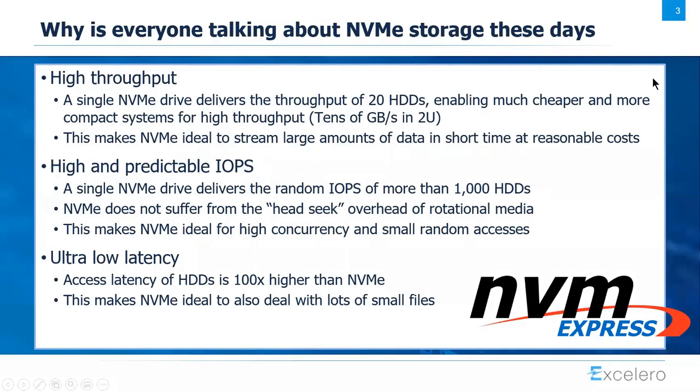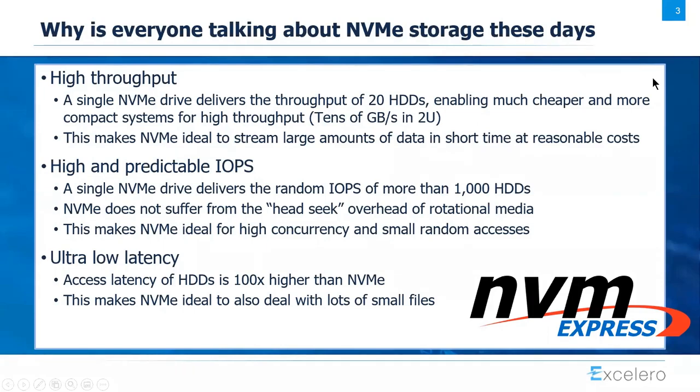And NVMe drives don't suffer from this problem because they are only chips. So for them, it doesn't matter if 2 blocks are accessed sequentially or completely randomly. To put it in numbers, that means a single NVMe drive already provides the IOPS of 1,000 spinning disks, which makes them, of course, ideal for environments that are highly concurrent or have lots of small random accesses.